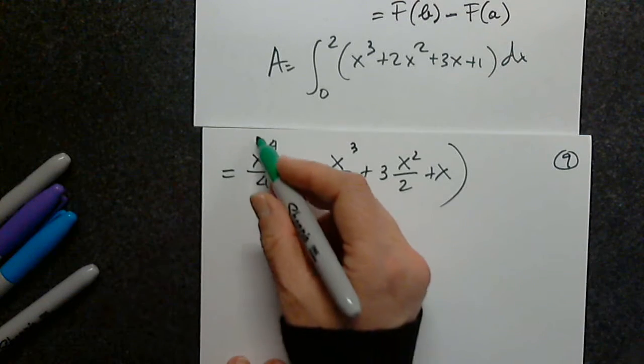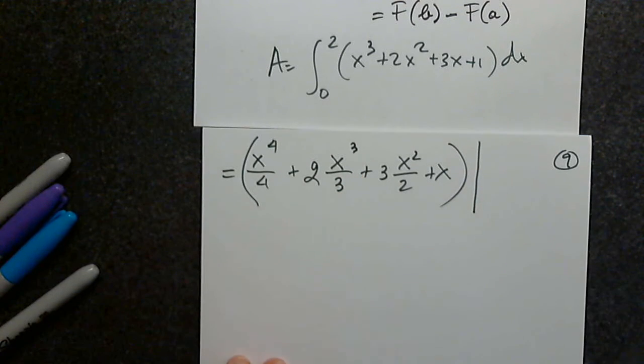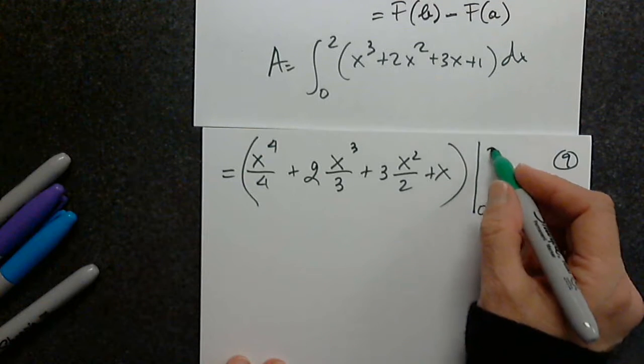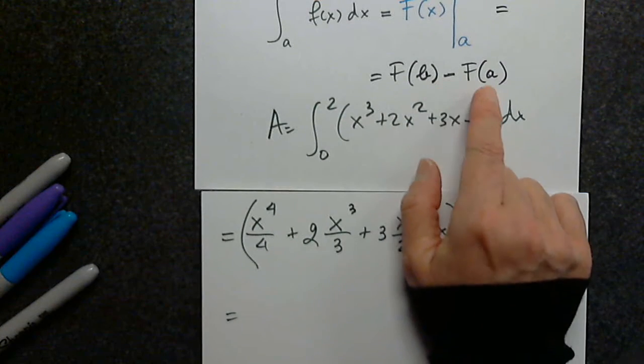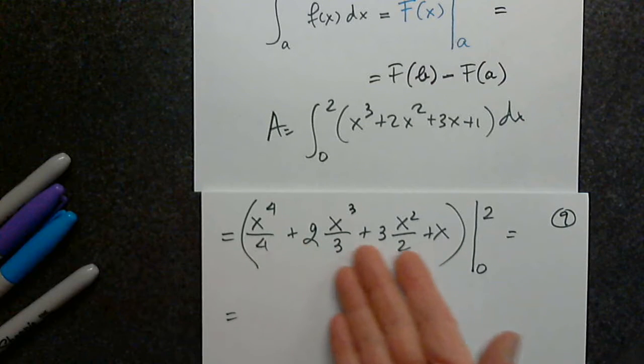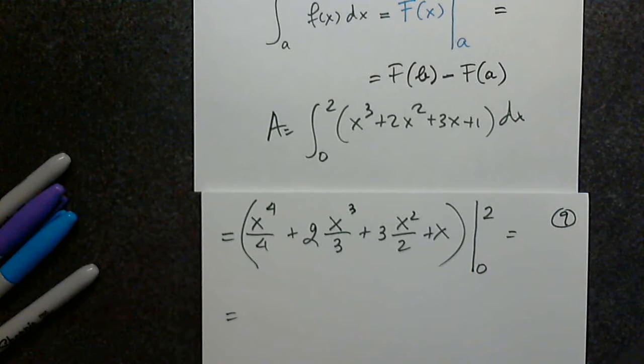Put everything in parentheses, vertical bar, from what to what? Careful, lower to higher, from 0 to 2. All I have to do is plug in 2 everywhere, because when I subtract and I plug in 0, what do I get? 0.